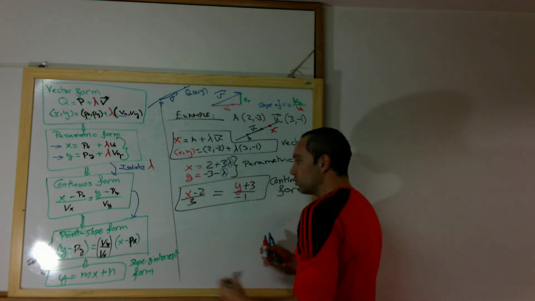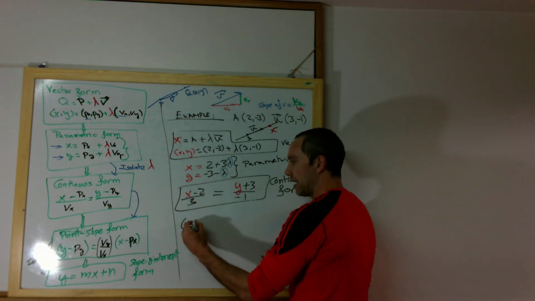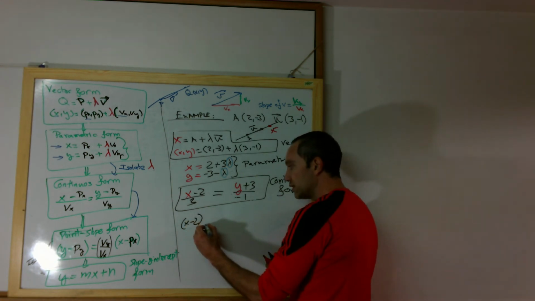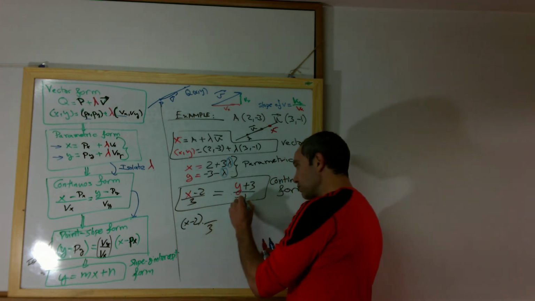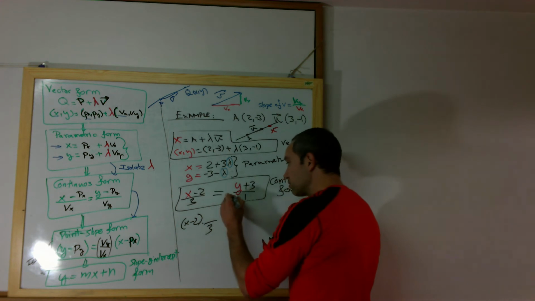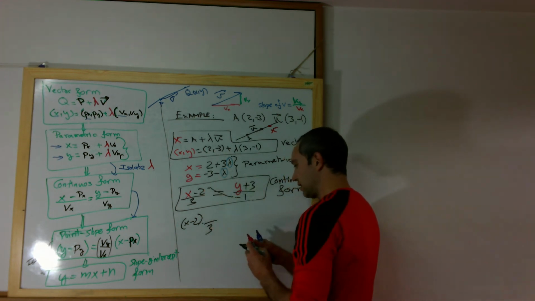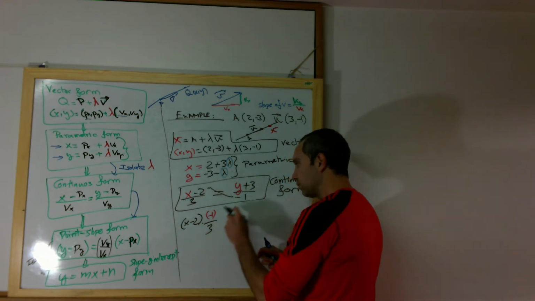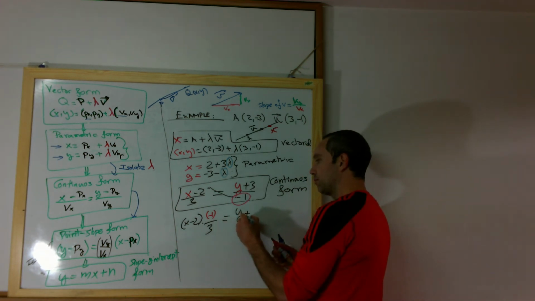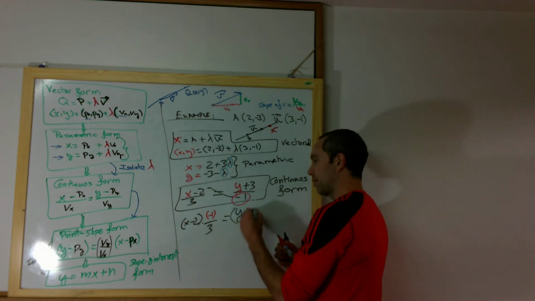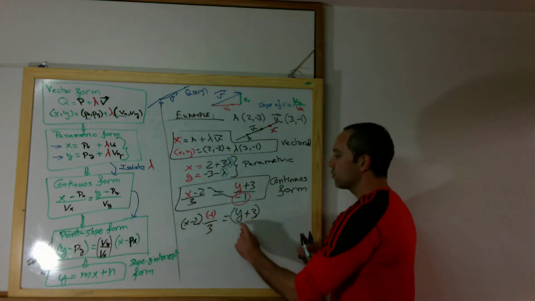So this negative 1, which is dividing, I want it here. So what I'm going to do is, using parentheses, x minus 2, this 3 is in here dividing, this negative 1, which was dividing, is going there, multiplying. So this is the negative 1 that was here, equals y plus 3. And why is this y plus 3?